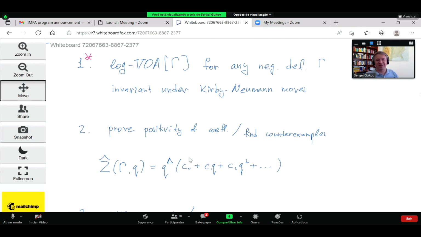But I believe the answer is yes to both parts of your question, namely that there is a module-level interpretation of this convolution, and yes, there is an interpretation of these Kirby-Neumann moves. But again, that's precisely this difficult question, which would be elegant if one can do it in one shot. It would completely nail this entire class of graph manifolds.